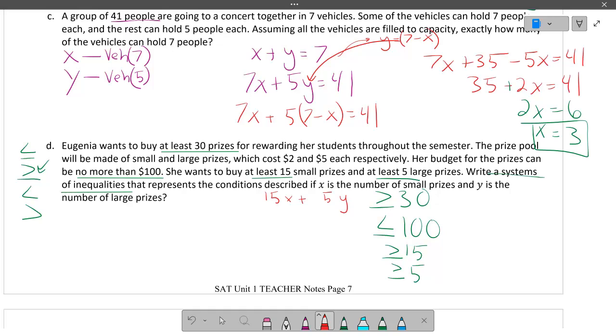Doesn't quite make sense. I just want the total number of prizes I buy, when I add them together, to be greater than or equal to 30. So how do I get there? For small prizes and the number of large prizes, I go buy them. I need at least 30 of them.